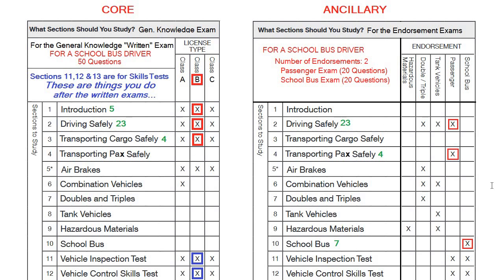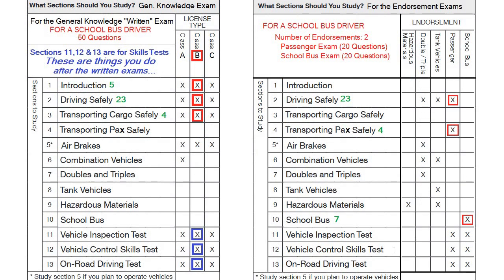And then you have the on-road driving test, where you actually take your vehicle on the road, your bus, and the examiner rides with you, and the examiner tells you where to go on the road, and will even ask you questions.